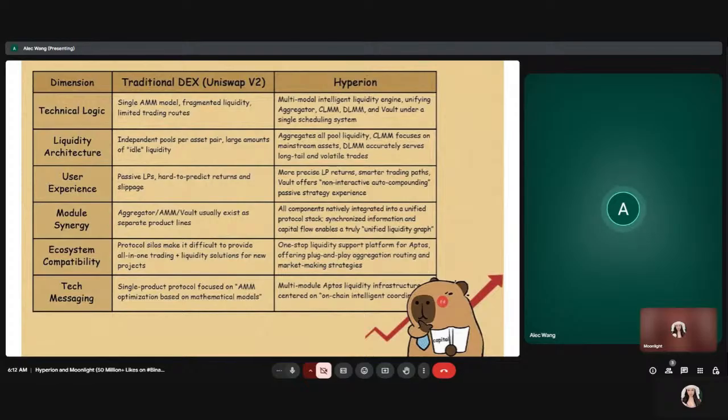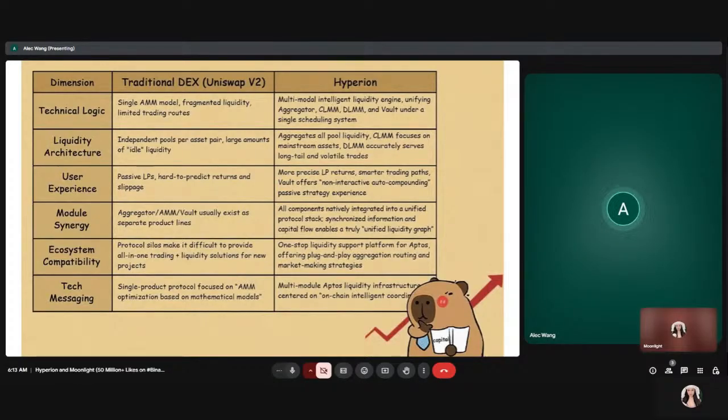And we also unify CLMM and DLMM, which refer to concentrated liquidity market maker and dynamic liquidity market maker. These are two models used for DEXs, which can help LPs gain fees and earn yields in DEXs. I will explain it a little bit later.